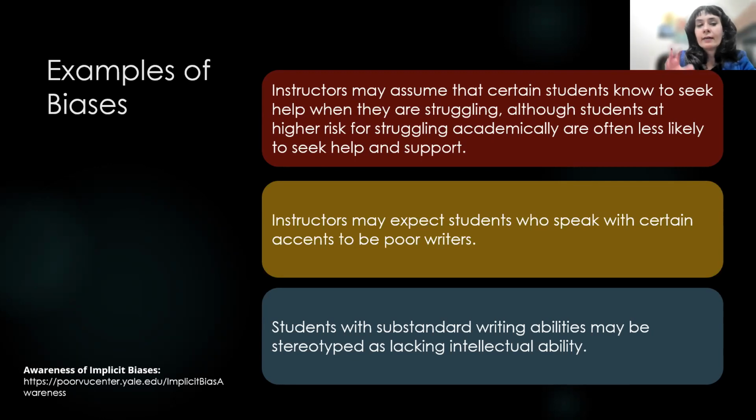And even if they realize they're struggling, say at midterm, looking at their grades, our assumption that they just know where to go to get those resources, or even if they know where to get help, sometimes they're not comfortable getting it.